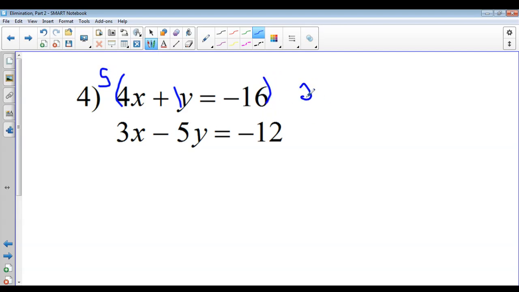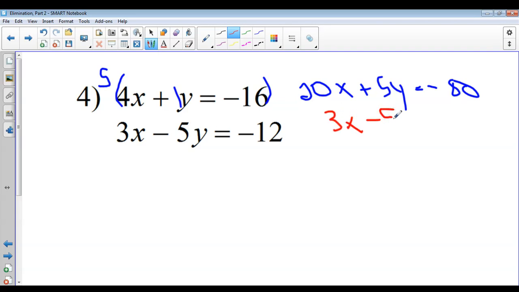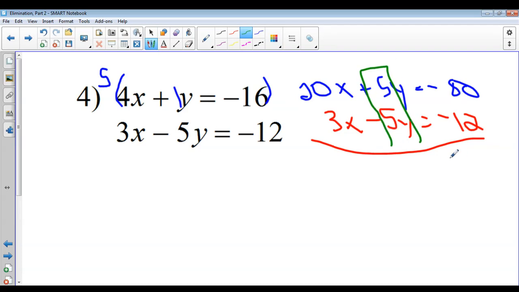So you're going to get 20x plus 5y equals negative 80, sorry. That's going to be 50 and 30, right? So negative 80. And now the bottom row, I'm going to have 3x minus 5y equals negative 12. And you always want to make sure that you have opposites, which we sure do right there in the y's, right?